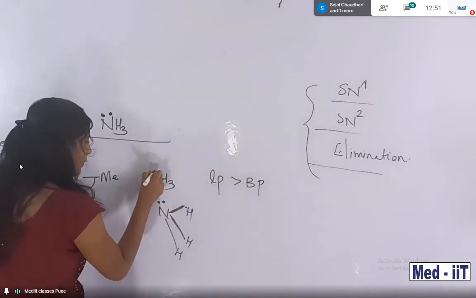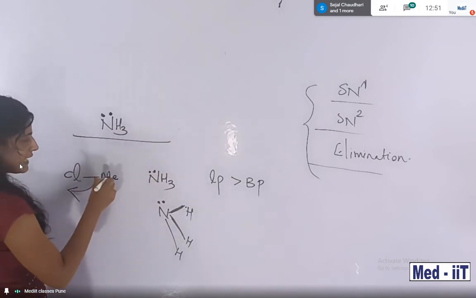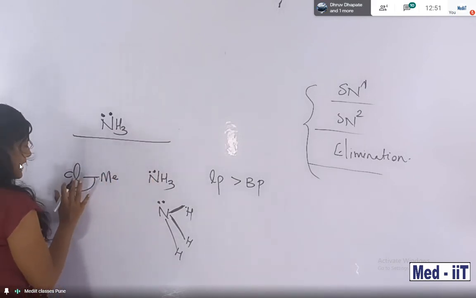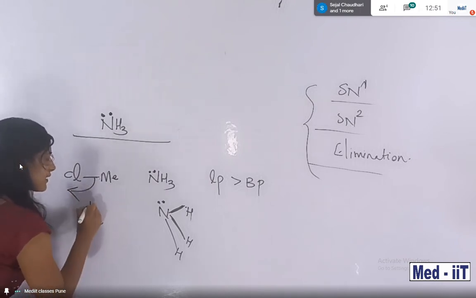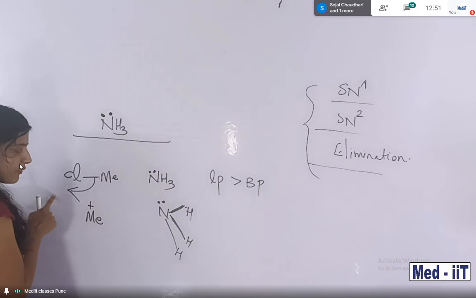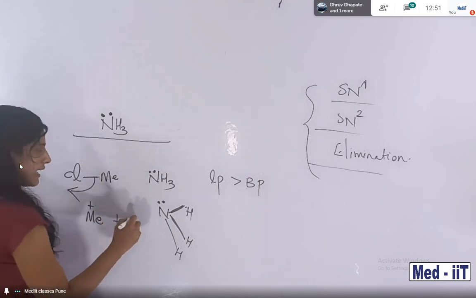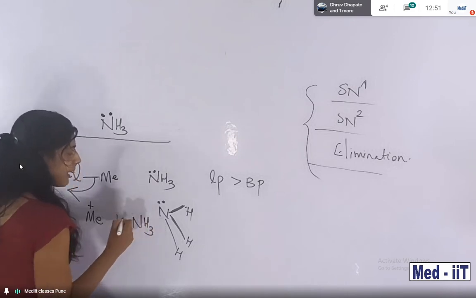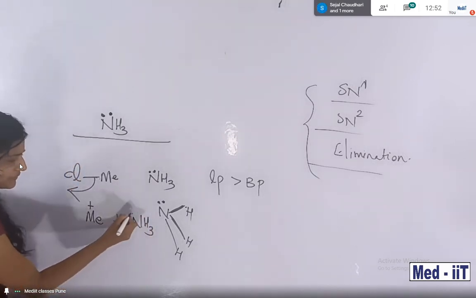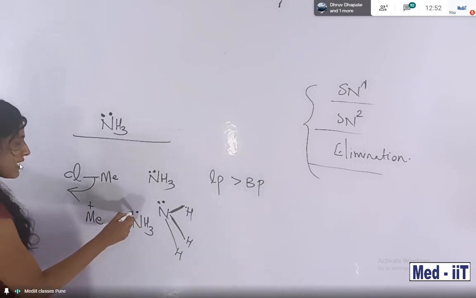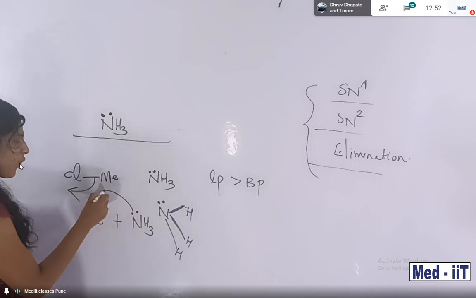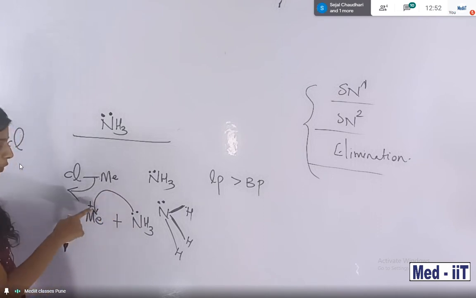So this lone pair is going to donate to the methyl group. Look, Cl is there, sure. So here Me plus is forming after the removal of chlorine. Me plus will form, and we are going to try to bond it with the ammonia. Ammonia contains a lone pair. This lone pair is going to bond with this positive charge, because positive charge means electron deficiency.